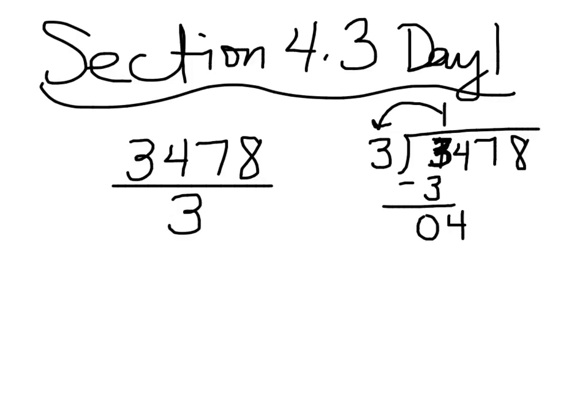And then I start over. How many times is 3 going into 4? 1. So then 1 times 3 again would be 3. Subtract them. I get 1. Drop the 7. So now, how many times? It's the same process over and over again, right? How many times is 3 going into 17? 5, which is 15.